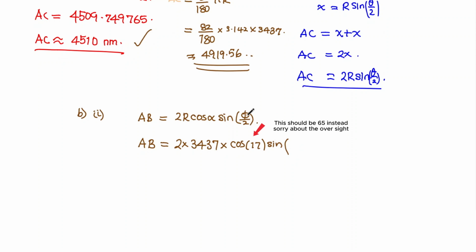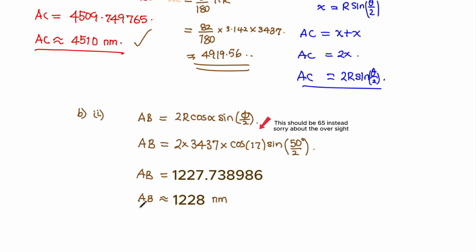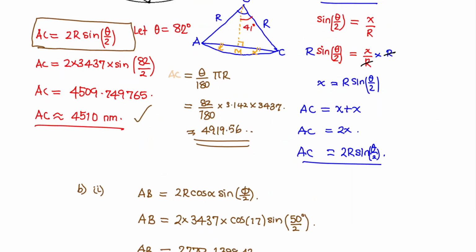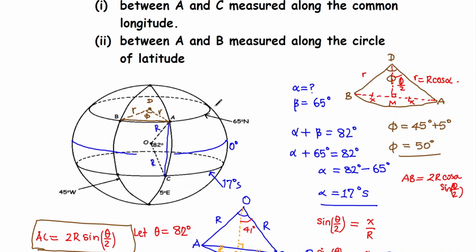And here we have phi as 50 degrees, but remember it's divided by 2. Now we can enter this into a calculator to get our answer. So this becomes the shortest distance between A and B along that small circle up here, and that is the small circle in the northern hemisphere.